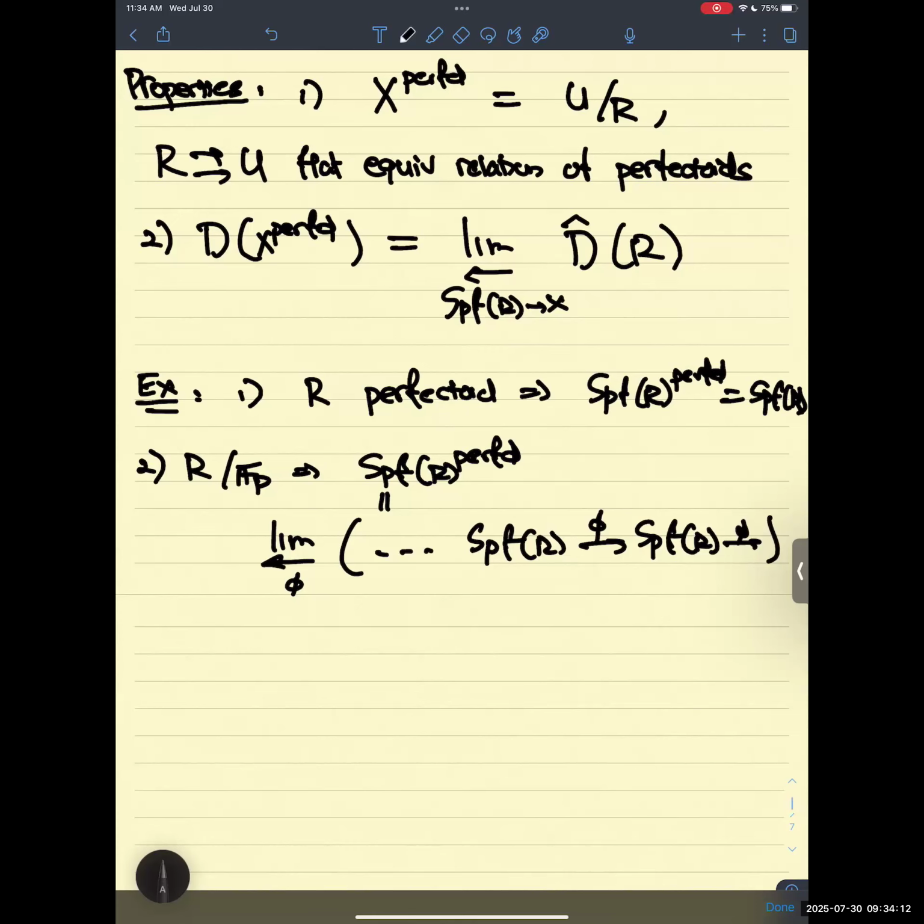So in characteristic p, this notion of perfectoidization captures what perfections are, and in mixed characteristic, at least for perfectoids, it's not doing anything.